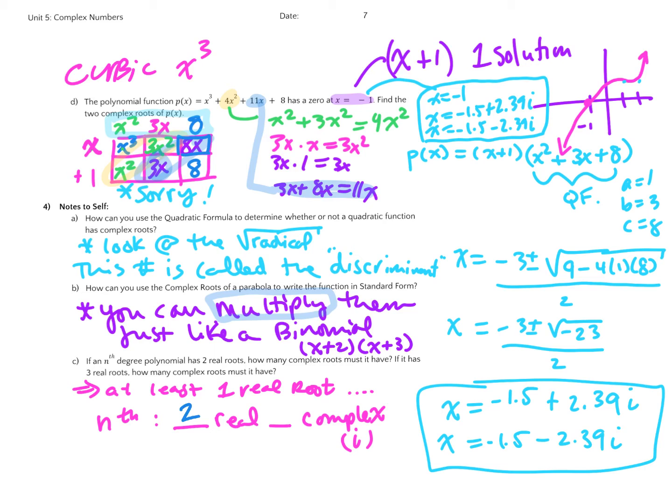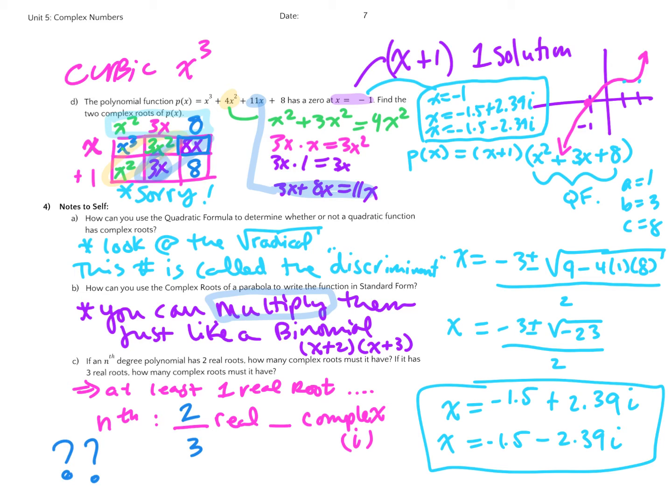If it has 3 real roots, nth degree, because if it's a second degree and it has 2 roots, then it would have 0. If it has 3 real roots, 2 real, 1 complex. This question doesn't make any sense. I don't remember what this question is asking.